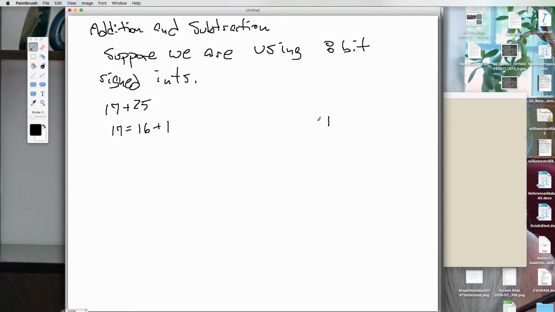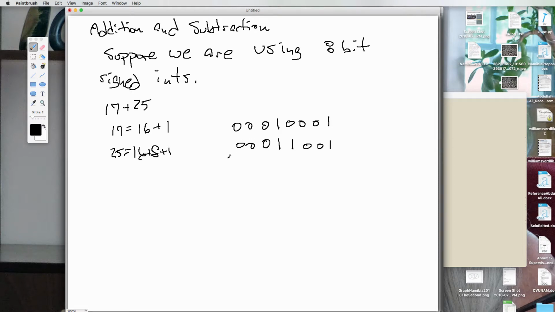So that's a 1, 2, 4, 8, 16. Okay, so 16 plus 1 is 17. I've got 5 bits. I just need to add 3 more. Okay, 25 is equal to 16 plus 8 plus 1. So I've got 1, 2, 4, 8, 16, like that.